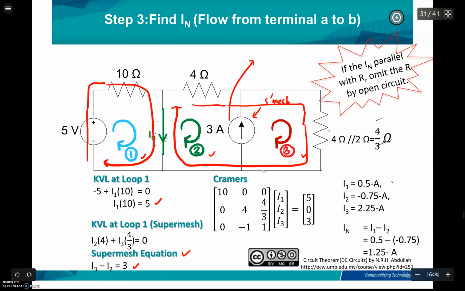So this is the answer for the first loop, which is 0.5 mA, minus 0.75 mA for I2, and then I3 is equal to 2.25 mA.